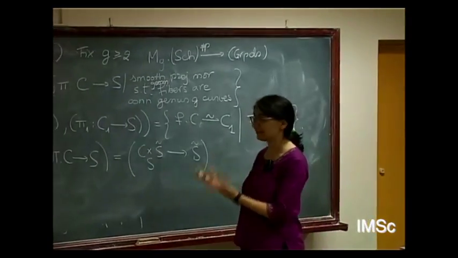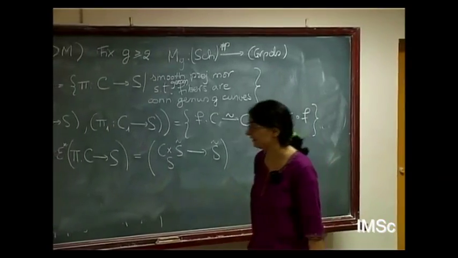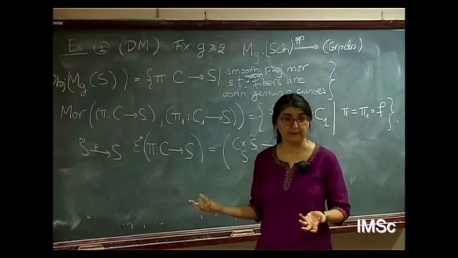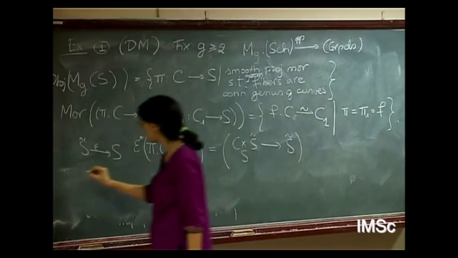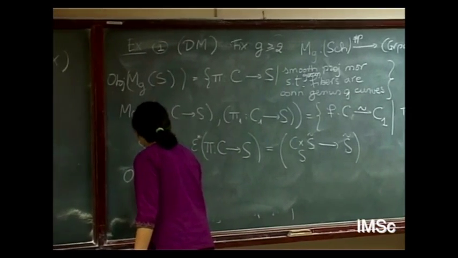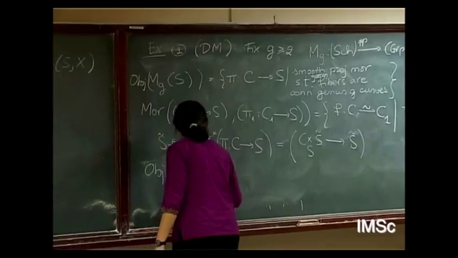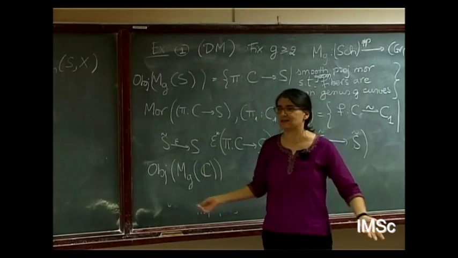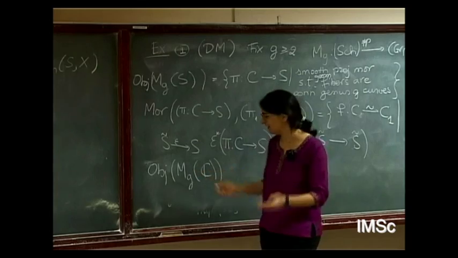Okay, so if I want to understand this geometrically, what would it be if I work now, say, over the complex numbers? So what are the objects of Mg of C? I should write Spec C, but I'm always identifying.